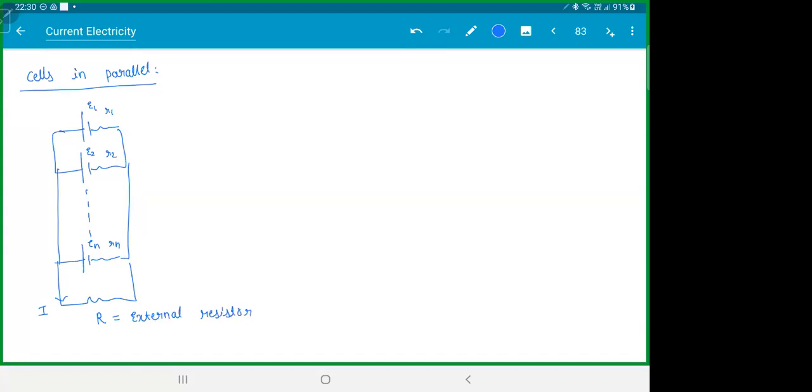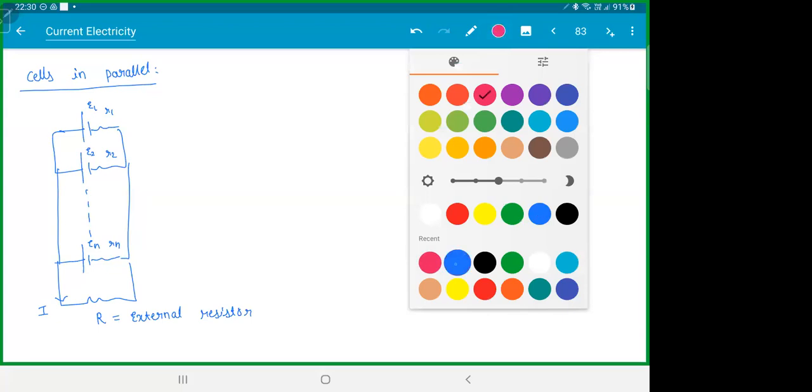The derivation is really not that important. What we can do, you can calculate, it is not such a big deal.